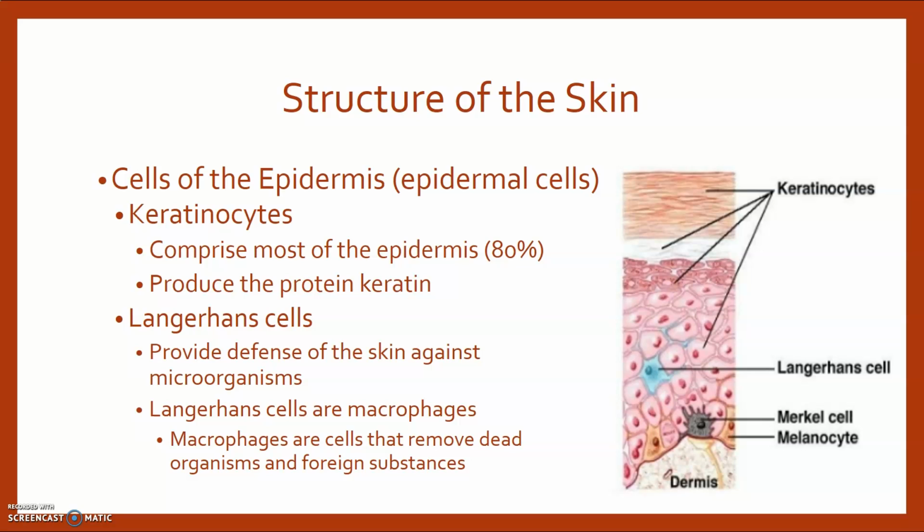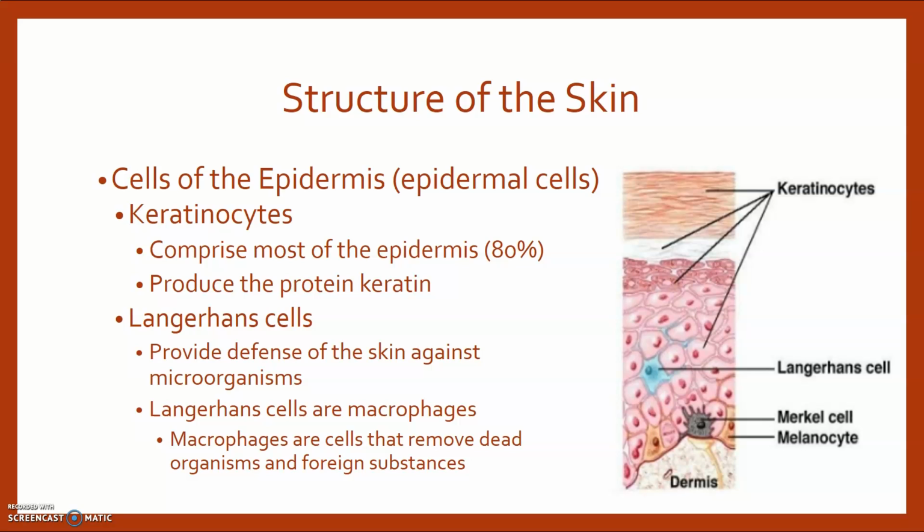The cells of the epidermis, or the epidermal cells, consist of keratinocytes. And keratinocytes comprise actually most of the epidermis. That would be 80%. And they produce the protein keratin, which we already know now is an important protein that helps to give skin that waterproof characteristic.